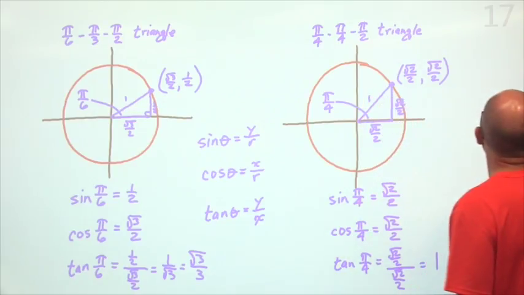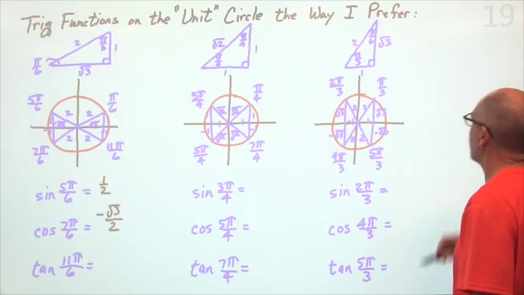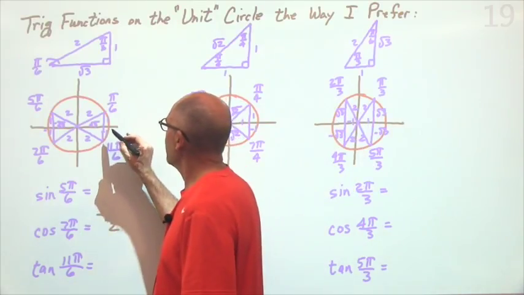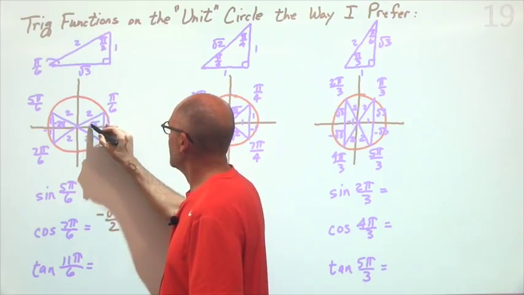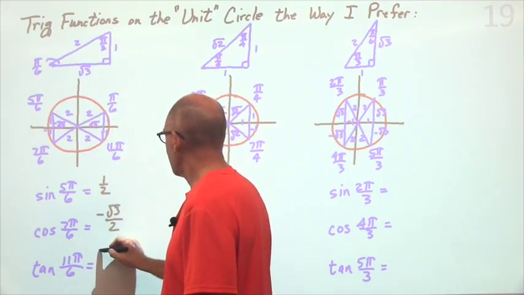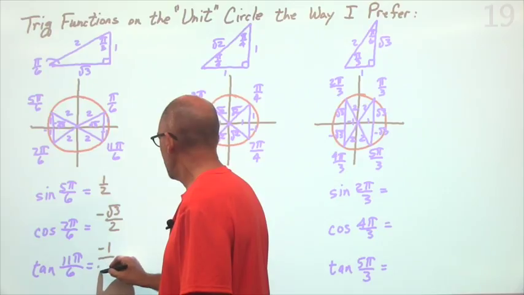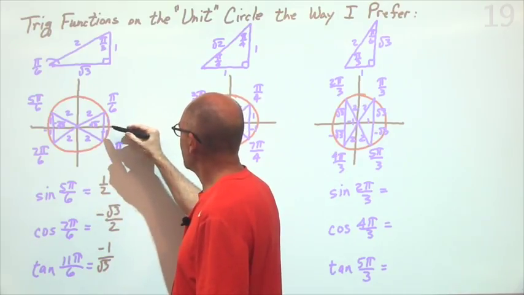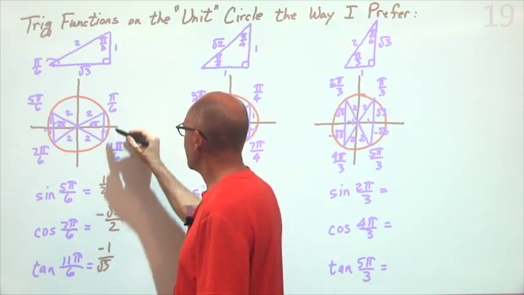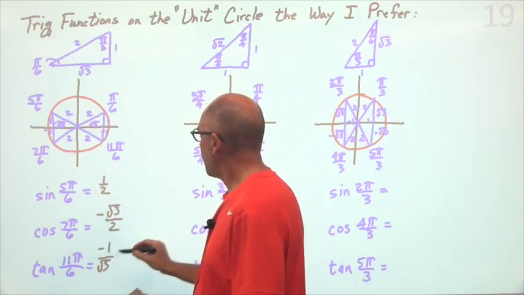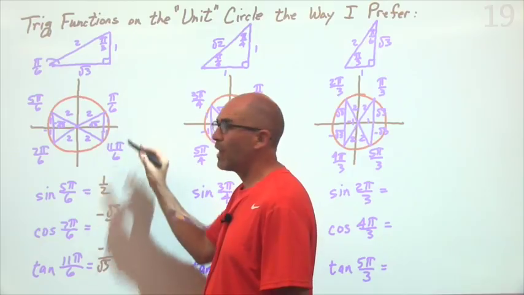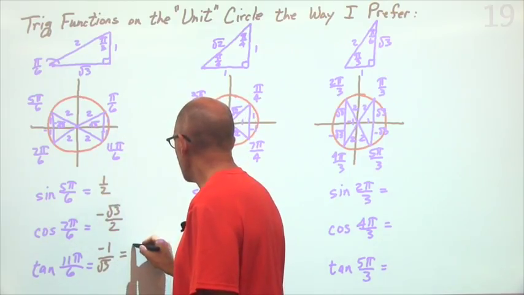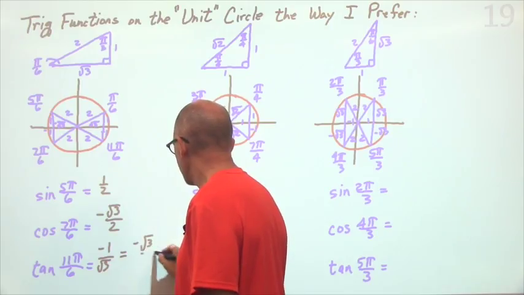So now that we've done away with fractions, tangent of 11 pi/6 is just going to be opposite divided by adjacent. So it's negative 1 over square root of 3. And notice it's negative 1 because it's down. 11 pi/6 is down. But it's positive square root of 3 because it's right. And so now if we rationalize that, we have negative square root of 3/3.